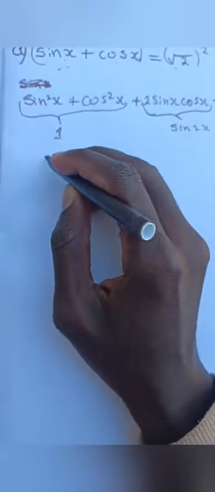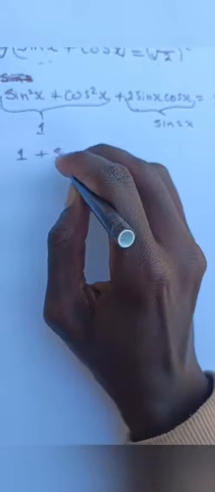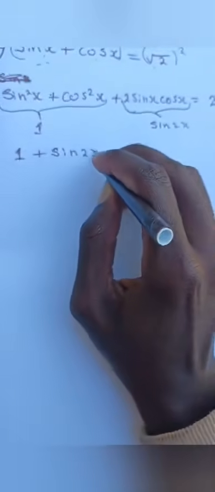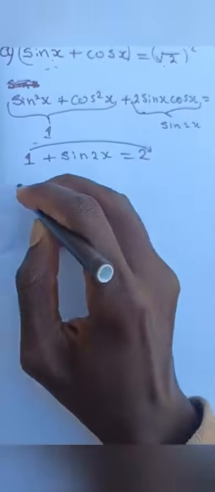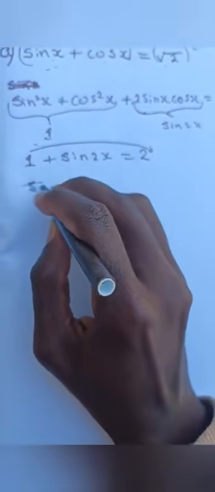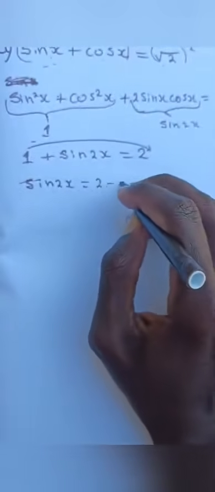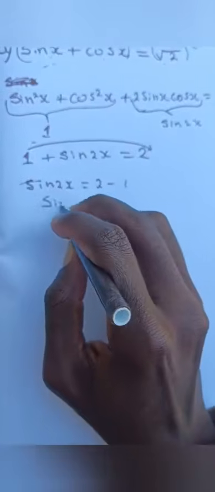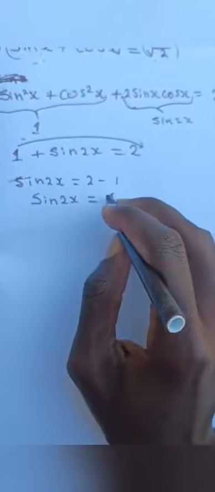So if we substitute those identities, you're going to eventually remain with 1 plus sine 2x is equal to 2. Makes sense, right? Now I'll take 1 to the other side. So on the left side, I'll remain with sine 2x is equal to 2 minus 1, then I have sine 2x is equal to 1. Okay?